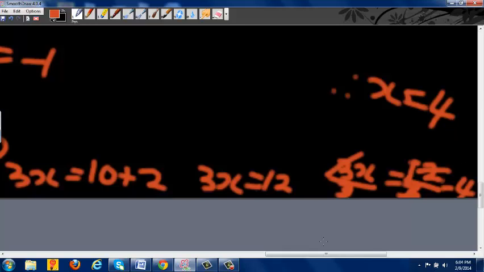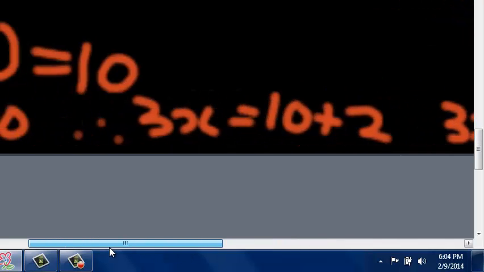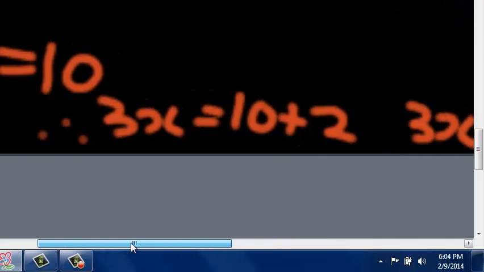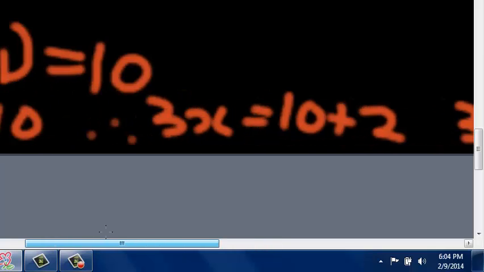To be sure that we are on the right track, we need to input the values of x and y into the equation. If you input the value of x in equation 3 for instance, you still get 10.